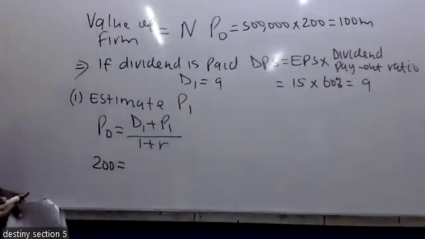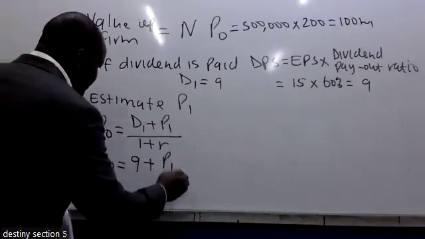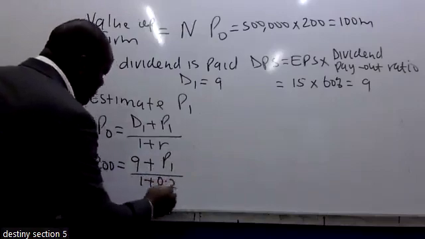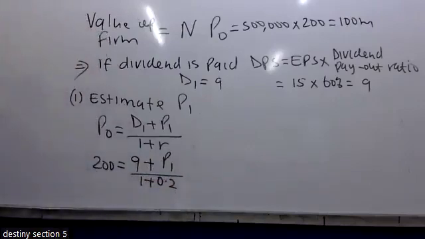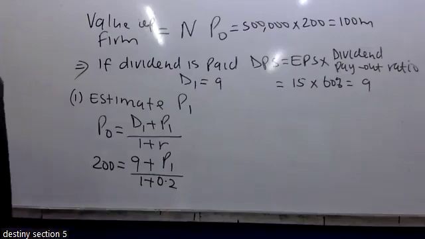Then D1 is 9. We are looking for P1. Then 1 plus 0.2. Can you confirm for me what is that figure of P1 when you make P1 the subject?